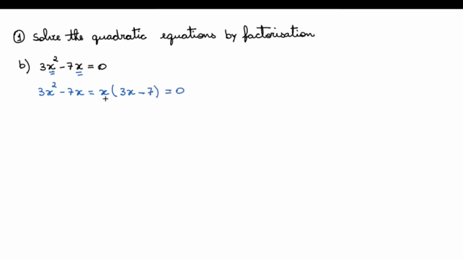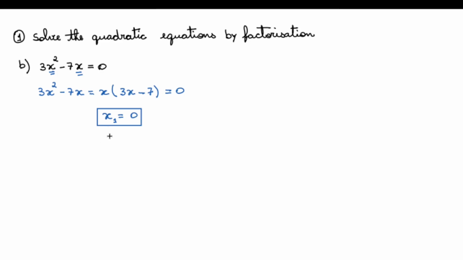So the factored form of the equation 3x² minus 7x equals 0 is x times 3x minus 7 equals 0. Again, we apply the null factor law that states each factor must be 0. So the first one, x equals 0, and again, this is already one of our solutions.